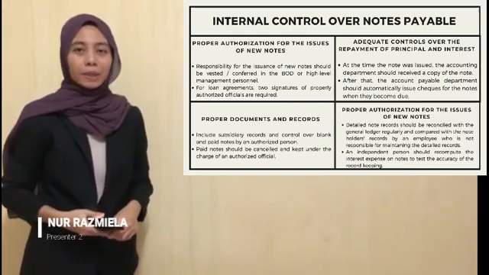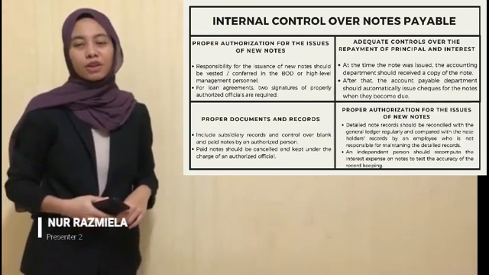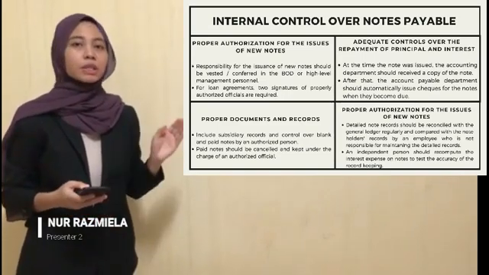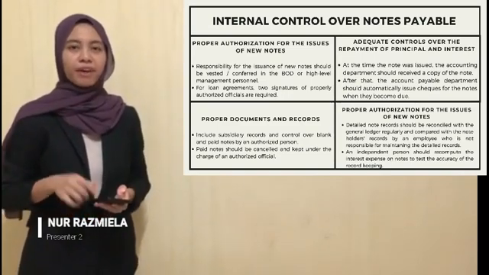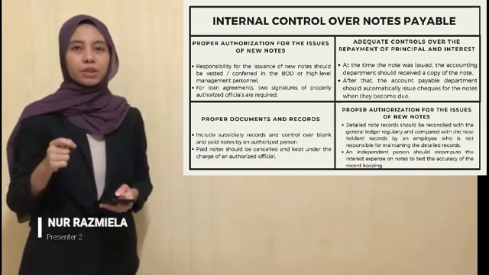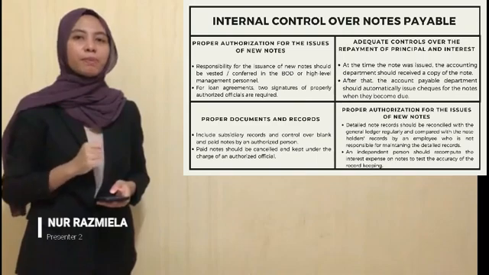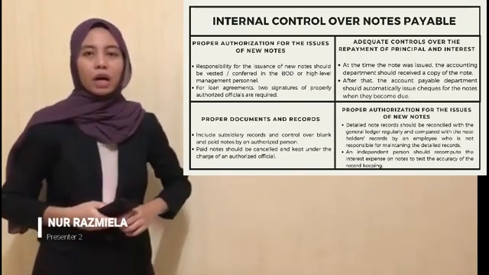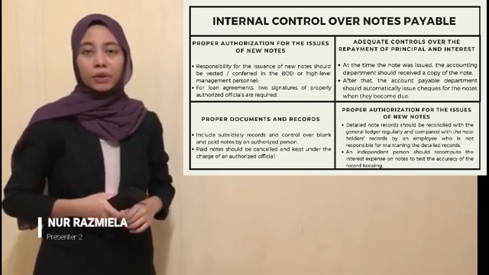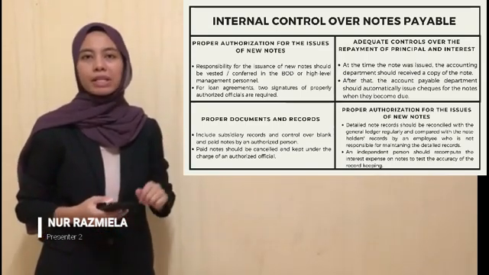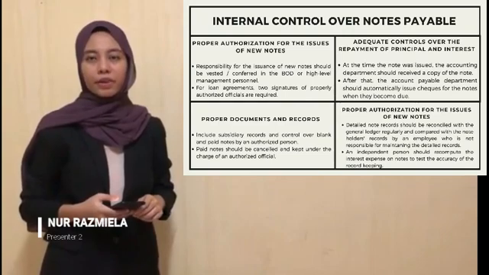For the proper authorization for the issuance of new notes, the responsibility should be vested in the BOD, the Board of Directors, or high-level management personnel. Basically, for loan agreements, two signatures of properly authorized officials are required.